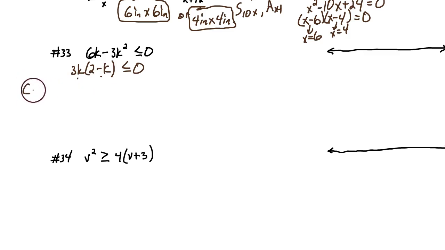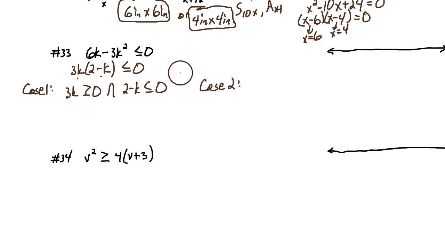There are some cases to consider. Case number 1, the first one might be positive and the other one might be negative. And case number 2, the first one might be negative and the other one might be positive.